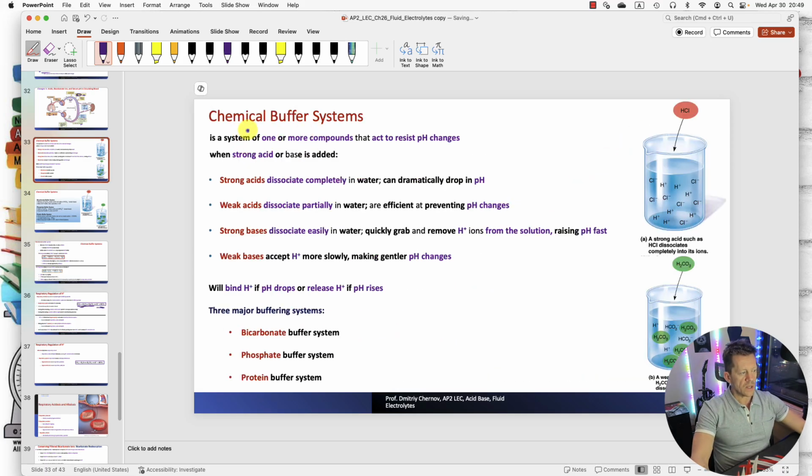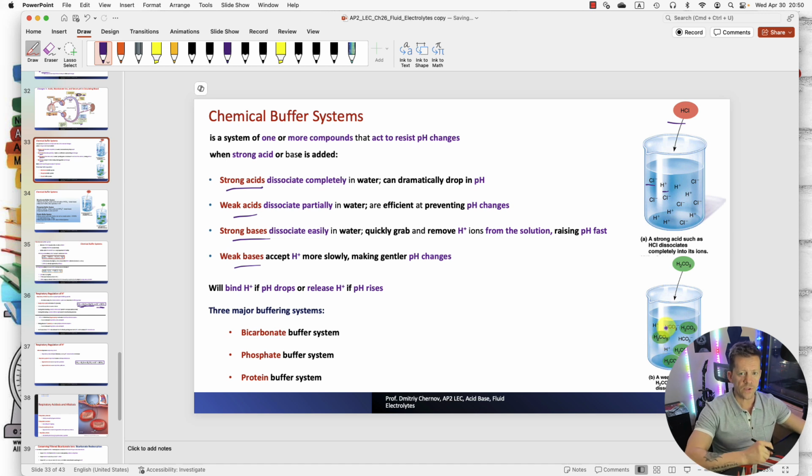So in the chemical buffering system, we have strong acids, weak acids, strong bases, weak bases. Strong acids, it means that the acid, hydrochloric acid, will completely dissociate in water. Completely. That could be a problem. Weak acid does not completely dissociate, like carbonic acid. So that's less problematic.